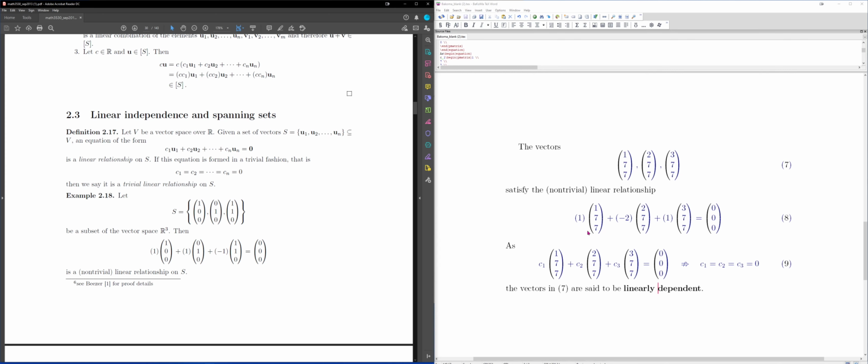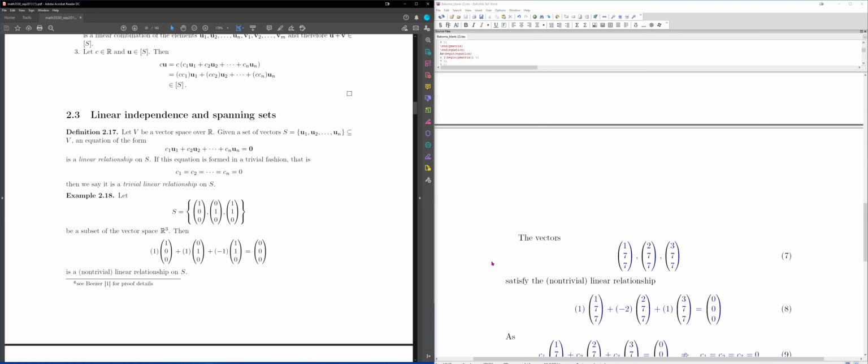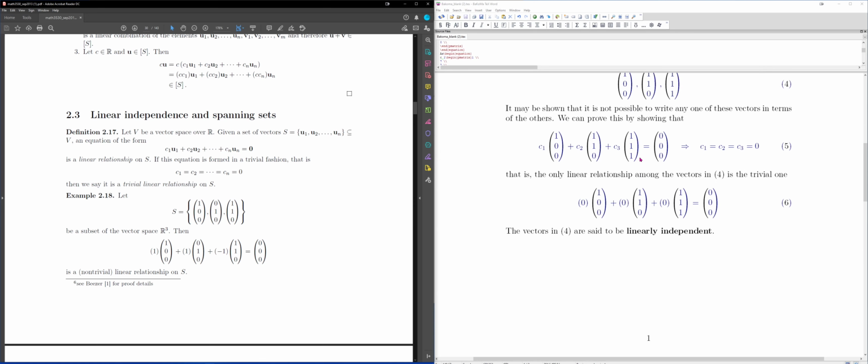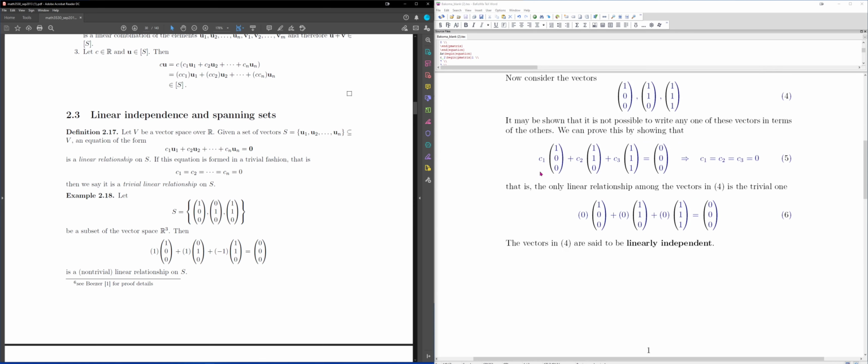So the dependence of the vectors is expressed by this linear relationship when you can find non-zero scalars for this. Now let's consider the statement over here, which is similar to this implication over here. In this case, for this vector equation to hold, the c's all have to be 0.